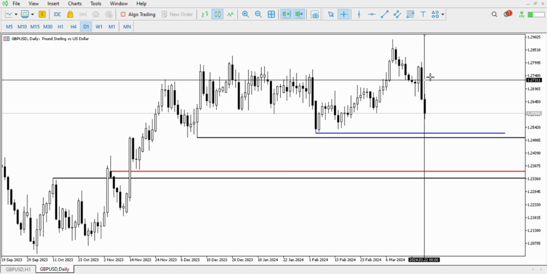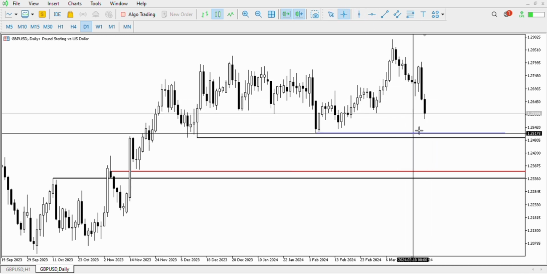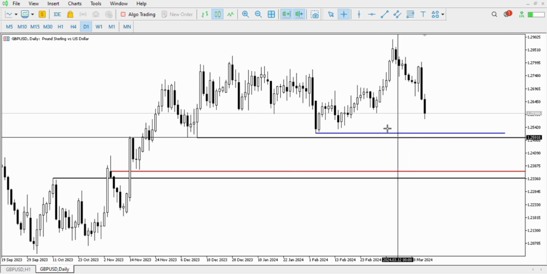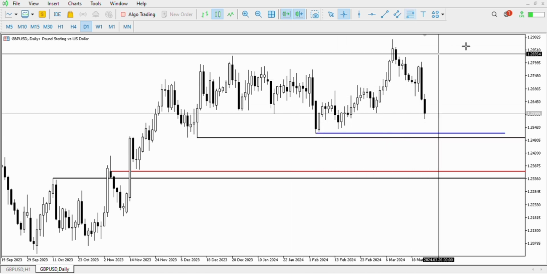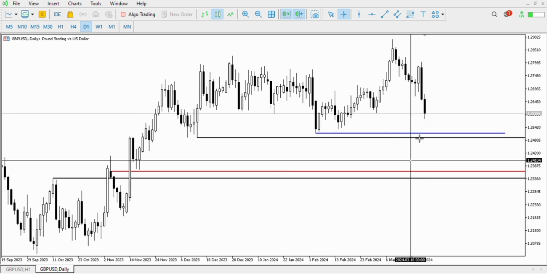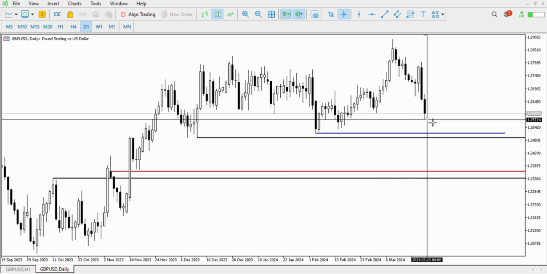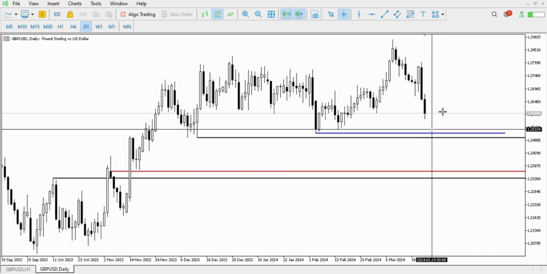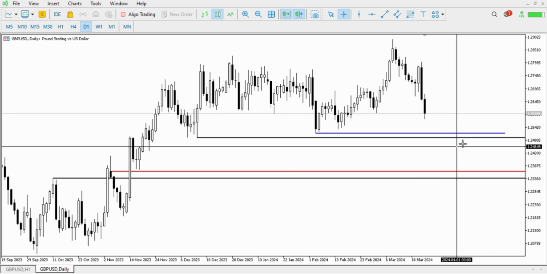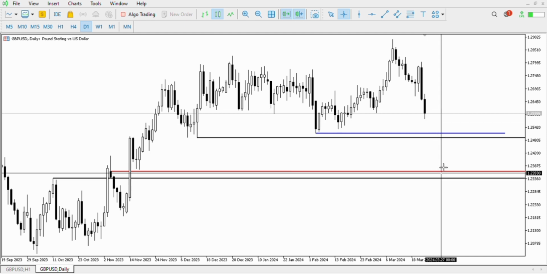So the moment price breaks this low right here, automatically this idea of this being an uptrend is invalid, and price is making a move to this area. So now when price falls, who knows, because it's possible that this week we might have a crazy move, a kind of series of sales. So the possibility of price getting to this area right here.